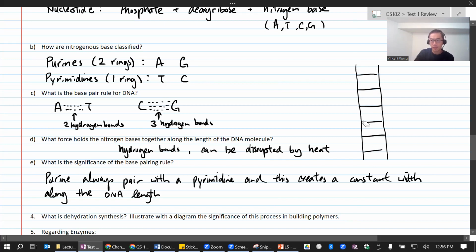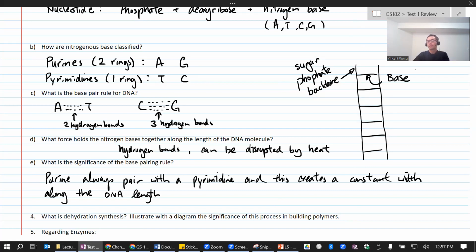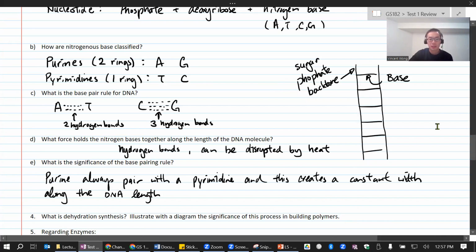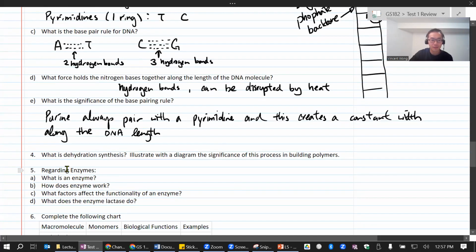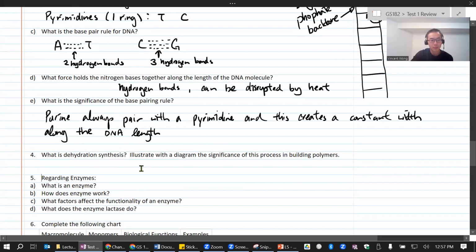So in this ladder model, the sides of the ladder are the sugar phosphate backbone, and then the rungs in the middle are the bases. All right, feel free to stop me if I'm going too fast or I'm not making sense here.